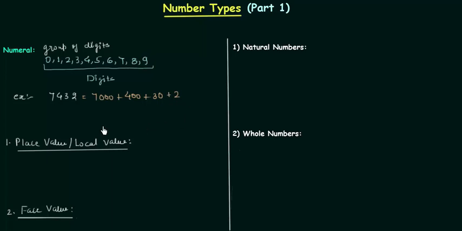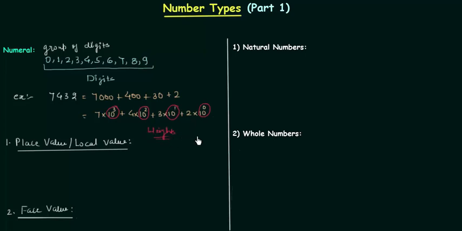We can definitely write 7432 like this, or we can write it like 7 multiplied by 10 to the power 3 plus 4 multiplied by 10 to the power 2 plus 3 multiplied by 10 to the power 1 plus 2 multiplied by 10 to the power 0. So this is how we can write, and this 10 to the power 3, 10 to the power 2, 10 raised to power 1, 10 raised to power 0 are weights.